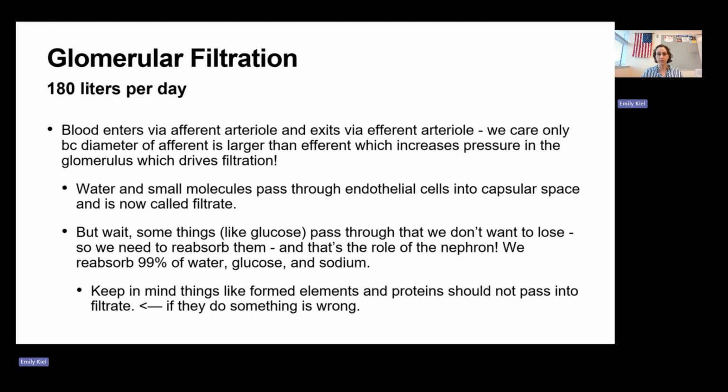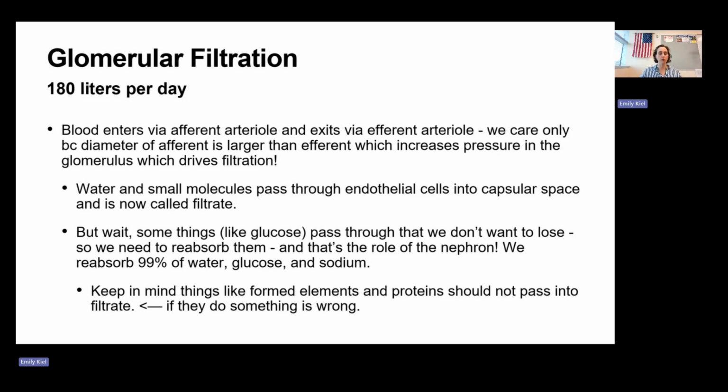And so that's what the nephron is doing, is we reabsorb 99% of the water, glucose, and sodium that are in the system. So again, formed elements, so that would be your blood cells, your platelets, and proteins should not pass through the filtrate. If they do, something is wrong, but you will see glucose in that area. So the nephron, after the glomerulus, the goal of the renal tubule is to reabsorb what went through the glomerulus and secrete what needs to be secreted that didn't go through it.